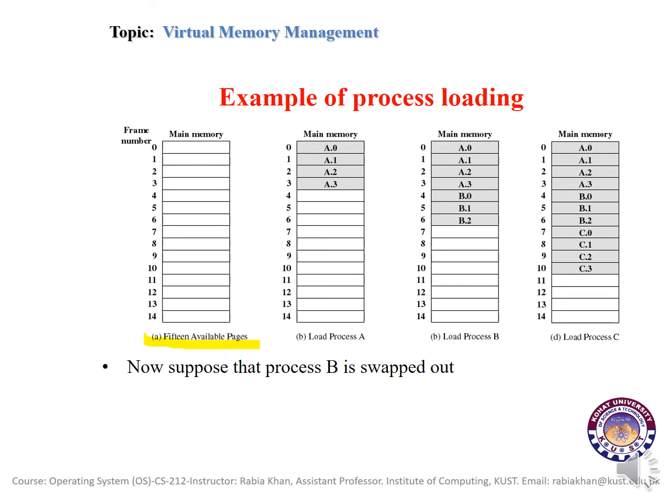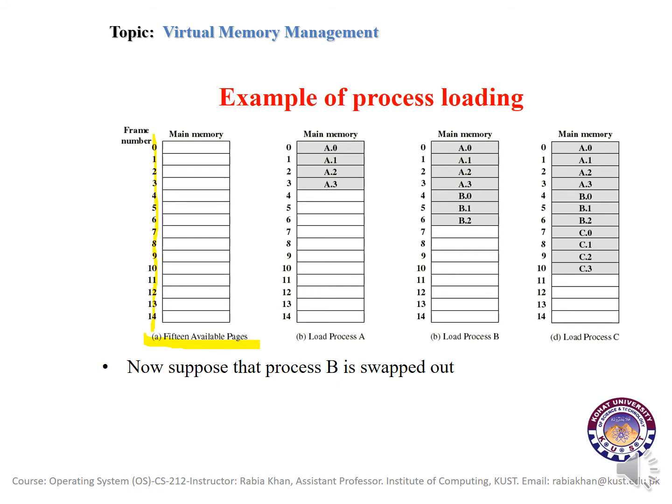The partitions are known as frames. So starting from 0, there are about 15 available frames, as you can see here. Obviously, some part of main memory is occupied by the kernel. So that must be understood to you.